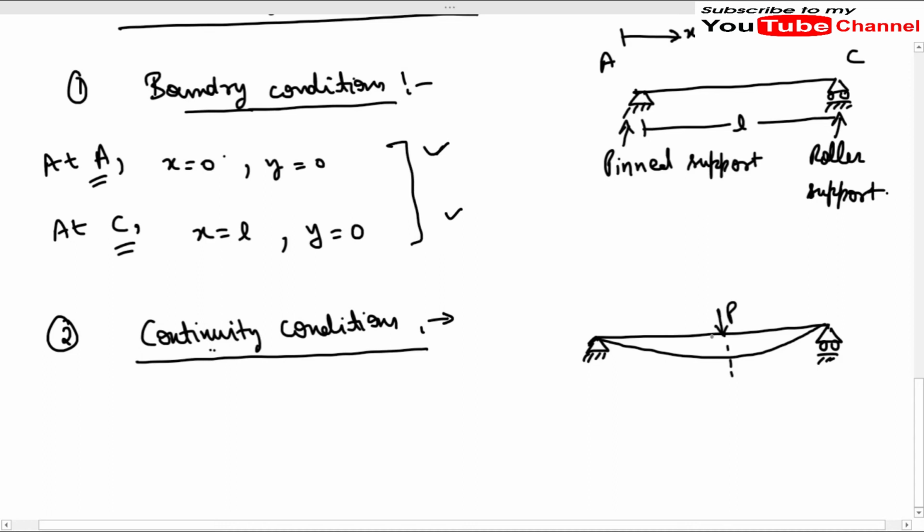At P, this elastic curve is continuous. What is this? This is our elastic curve.